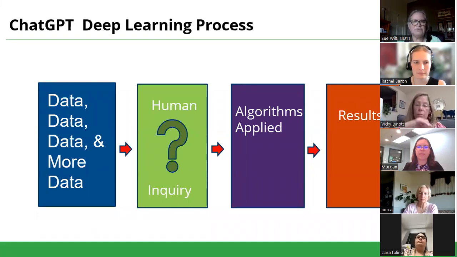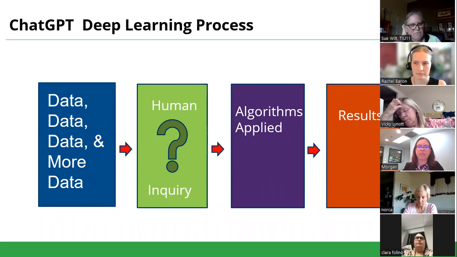So the first part of the graphic shows there's all this data for ChatGPT to pull from, and then when you enter into the exchange with ChatGPT, you're asking a question, or what is the type of information you want from ChatGPT. Well, then there are different algorithms applied that produce your results.